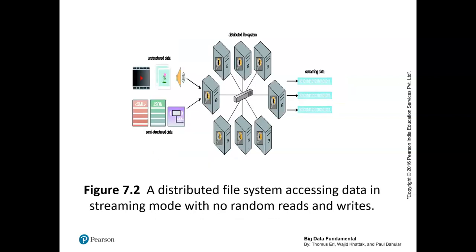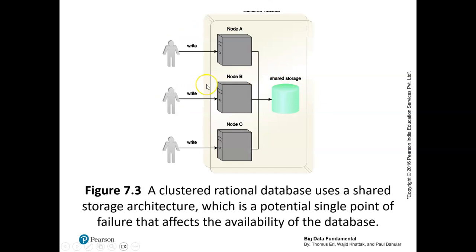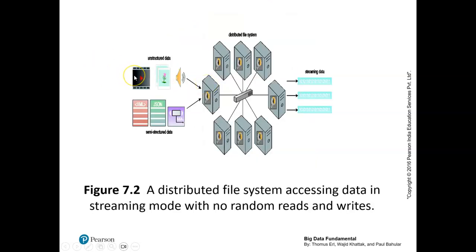Now you can see how the distributed file system accesses data in streaming mode, with no random reads and writes. Here we have unstructured data in the shape of images or videos, XML files or JSON files.